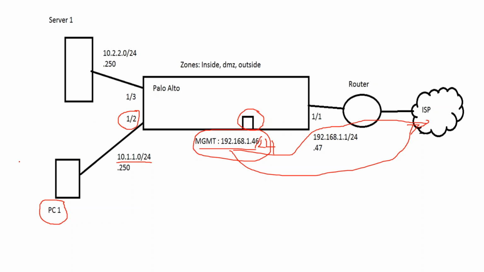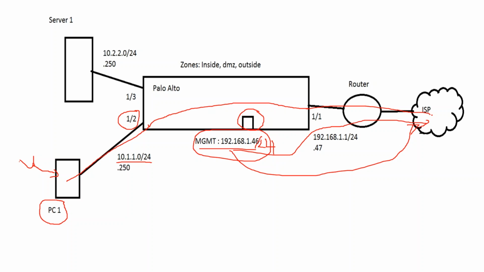Suppose there is one user here, connected right now and accessing this system. If this user wants to access some resources from the internet, how does the packet go? It will go to this 1/2 interface, then to 1/1, and from here to the ISP.